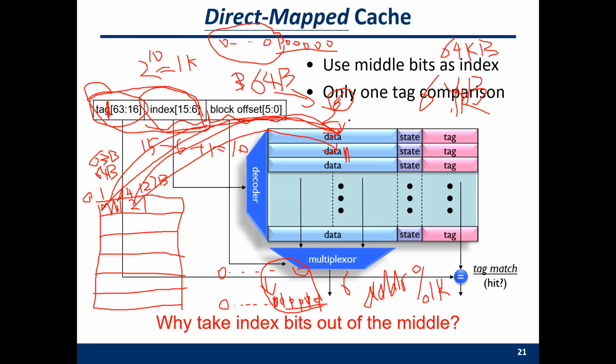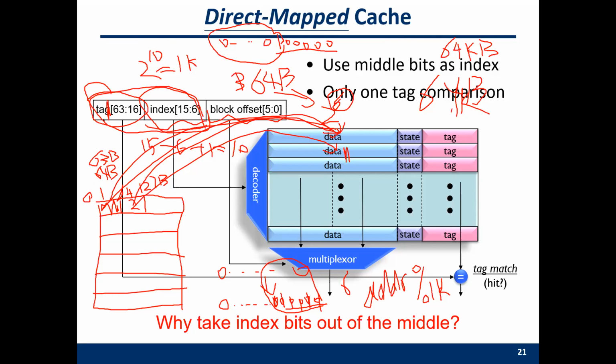So these 2 will compete for the first line. This is not good because I have spatial locality. I want them to be mapped into different cache lines. That's the reason I use the bits in the middle to serve as the index.